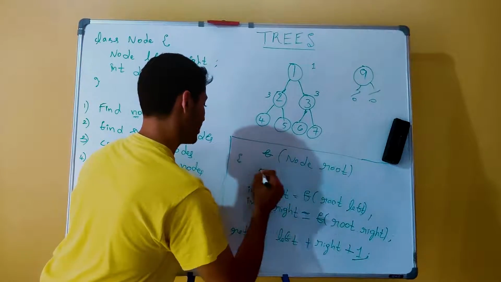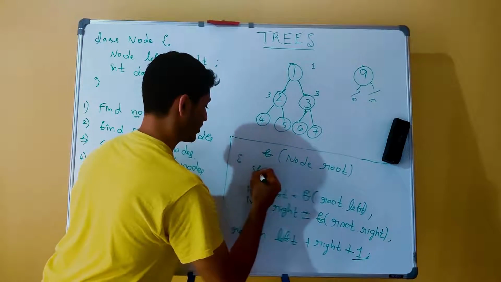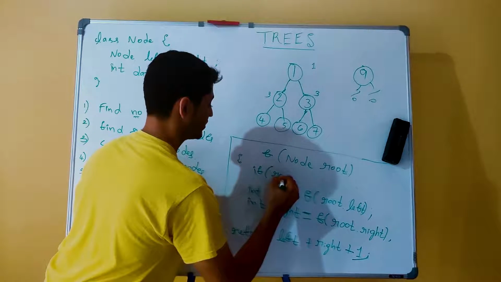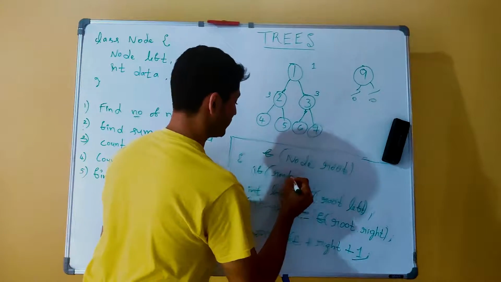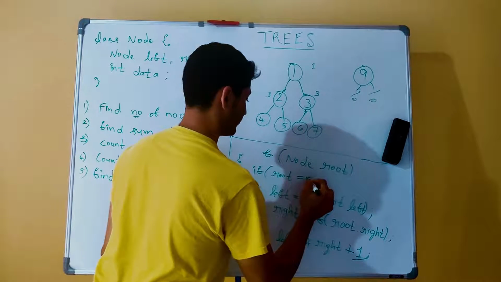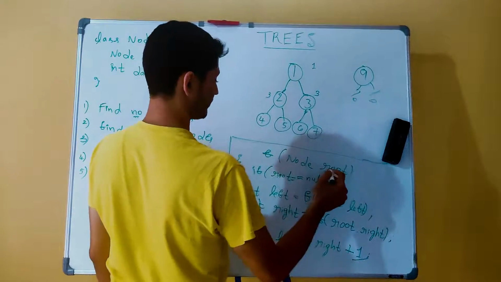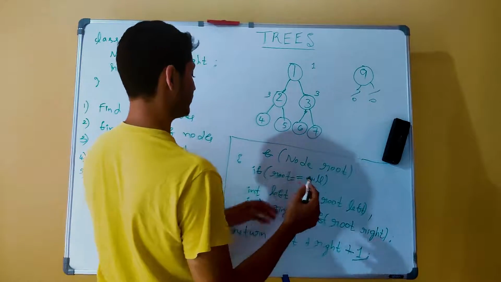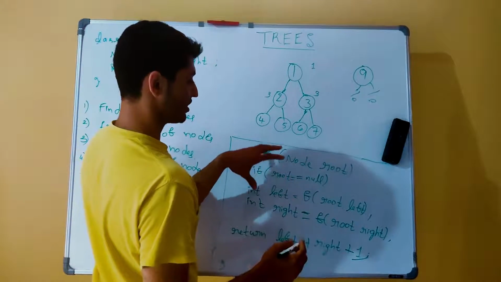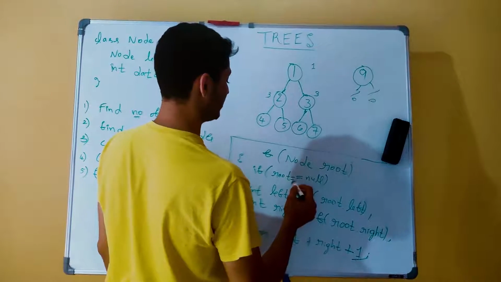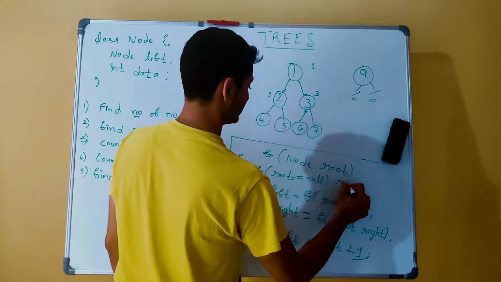So if my root node is null, if the node whose number of nodes I am finding is null, then I return 0.